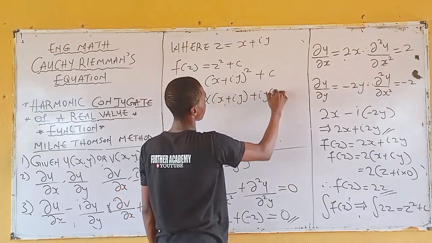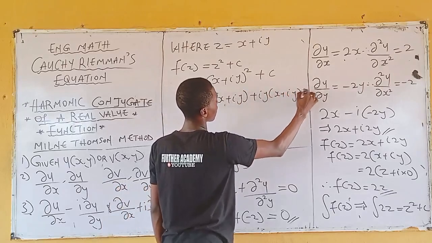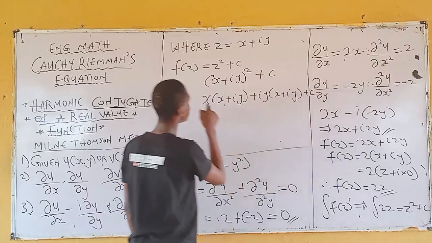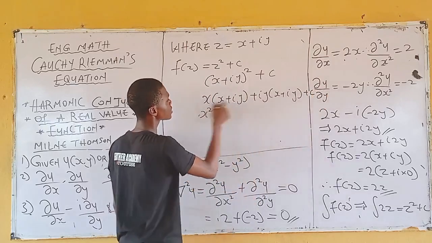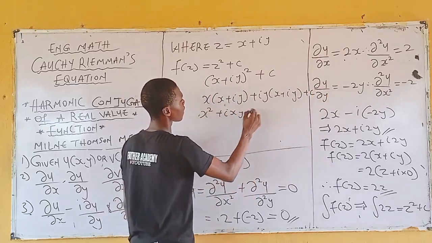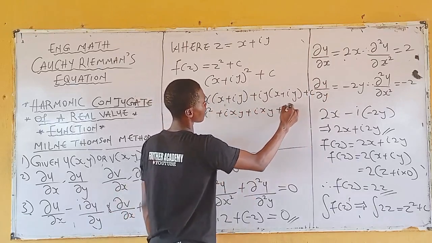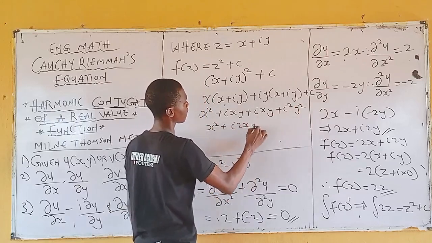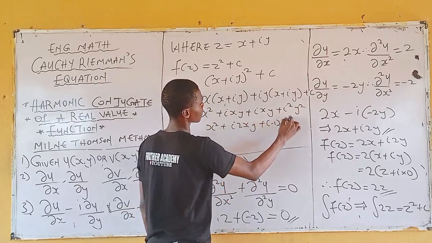This multiplied by this, this multiplied by this, this multiplied by this: x squared plus 2ixy minus y squared.